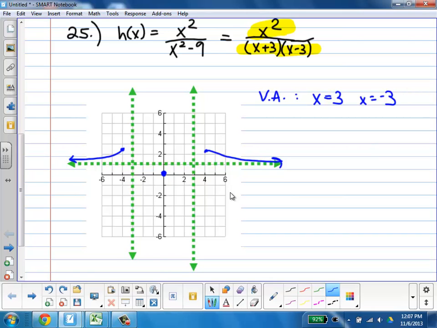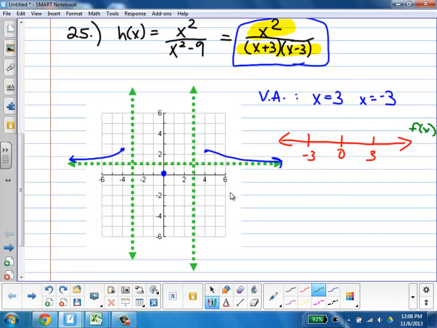Also, the only time these graphs change from positive to negative is when one of those factors up here changes from positive to negative. You know what? Let's bust out the number line. I think that'll help some of you. Interesting things happen to this graph at 0, 3, and negative 3. At 0, you know the value of the function is 0. And at 3 and negative 3, you know the function is undefined.